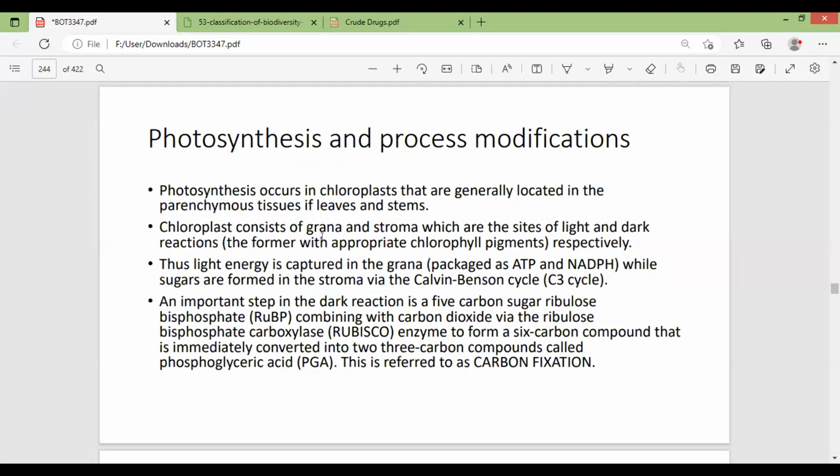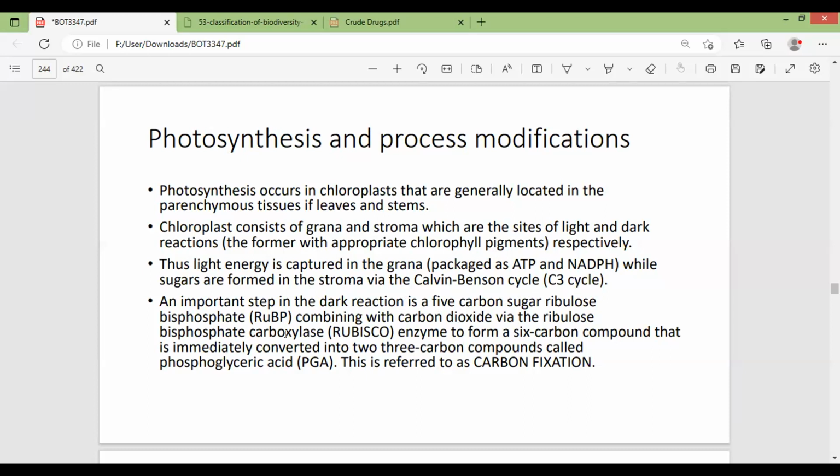So the chloroplast consists of the grana and the stroma. Where does the light dependent reaction take place? In the grana. The dark reaction takes place in the stroma, also known as the Calvin cycle. Light energy will be captured in the grana and packaged as ATP and NADPH.